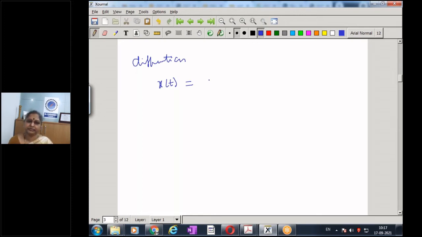Suppose I have 2x square plus 3x. No. Okay, suppose I have a signal, let us say 2 cos omega t. What is the derivative of cos omega t? Suppose I try to do the derivative of a cosine signal. What is the derivative of cos?